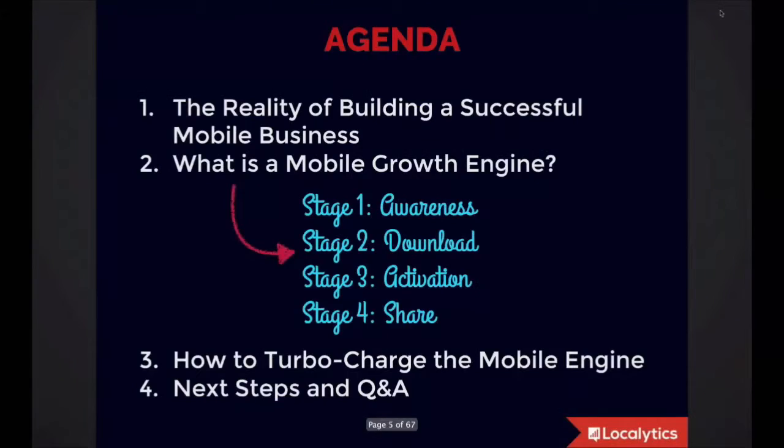All right, thanks, Anam. I'm Josh Todd, the CMO at Localytics, and I'm really excited to go through some great content today to share ways you can create a successful app strategy to build a mobile growth engine.